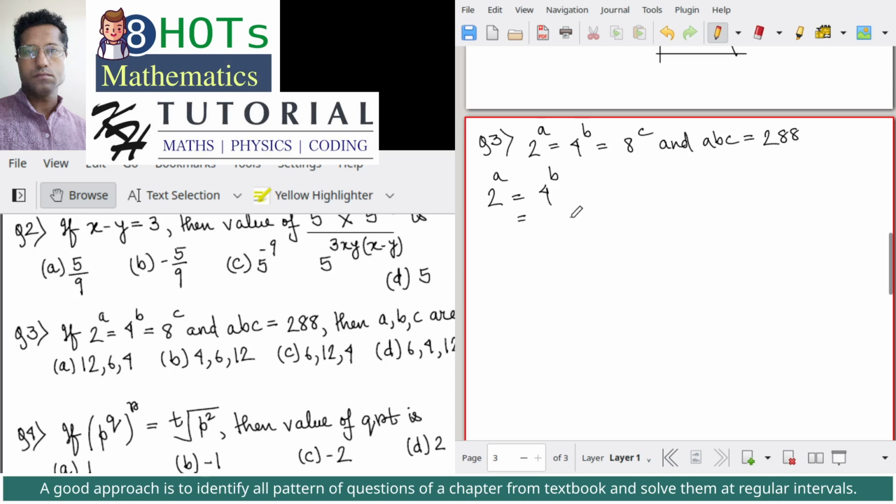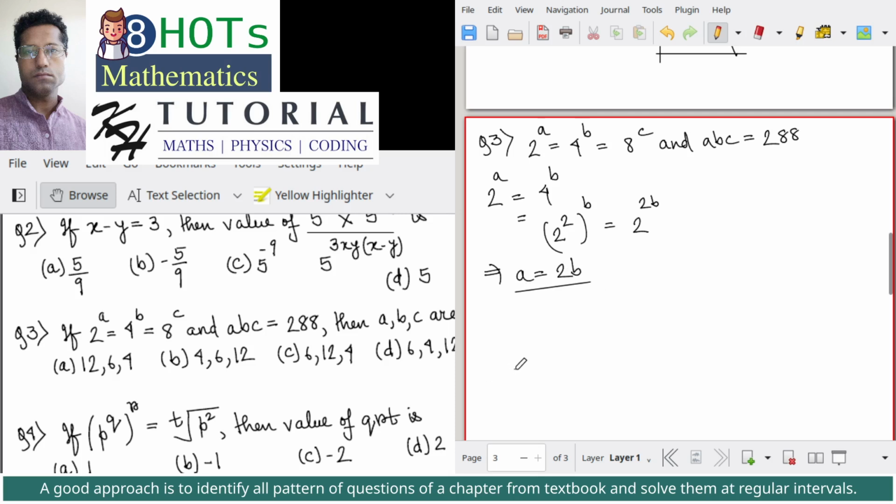The base 4, I can convert as a power of 2. 4 is 2 square, so I have (2 square) whole raised to the power b, which is equal to 2 to the power twice b. So we have 2 to the power a is equal to 2 to the power twice b. Equating the powers, I get a is equal to twice b. So this information I got.